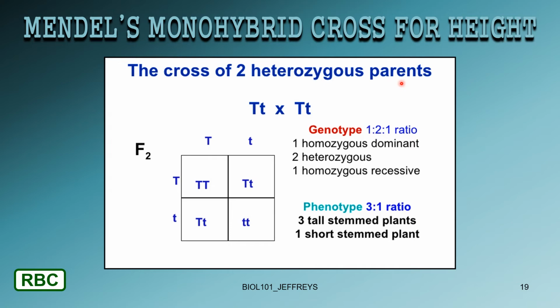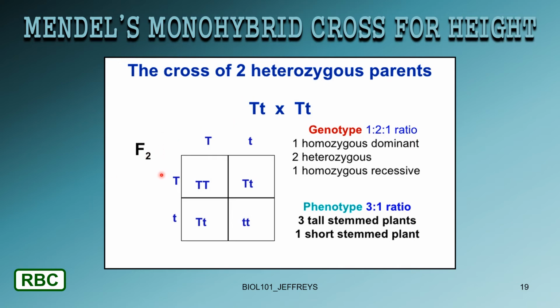Big T crossed with little t, and then you cross them, and then you get the heterozygotes. We'll see how that works here. Heterozygous or heterozygotes means that you have two different forms of the gene. So we have a tall gene and a short gene crossed with a tall gene and a short gene. So this is the F1 generation, right? So you cross two plants from the F1 generation and you get the F2 generation.